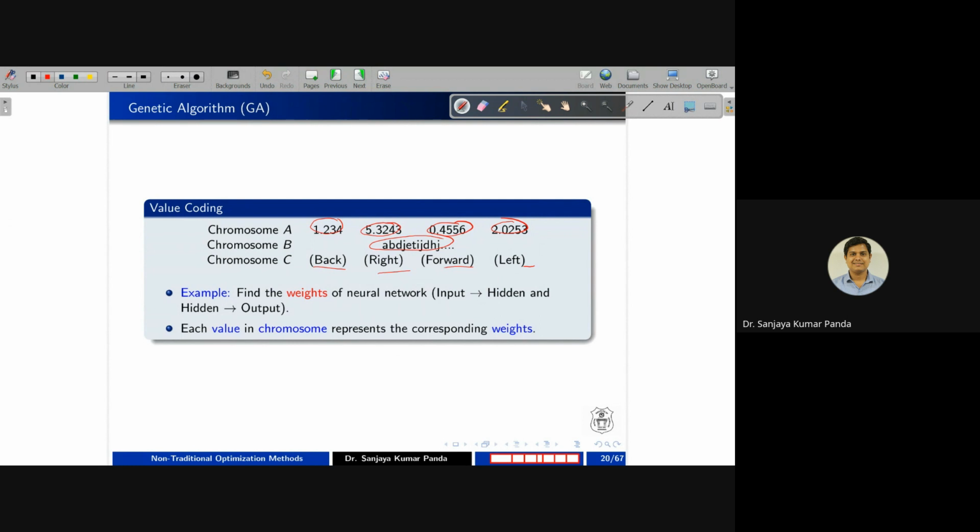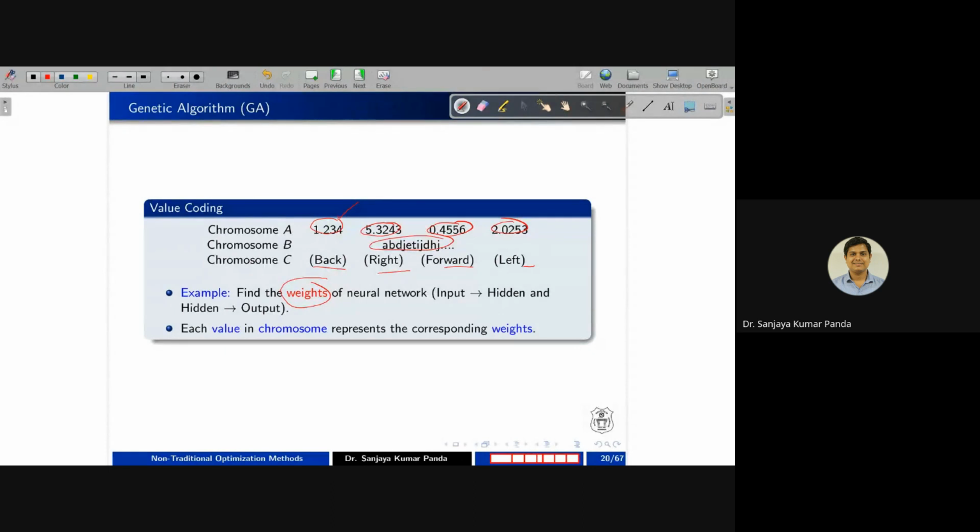Similarly, we know nowadays deep learning is much more popular. Machine learning is also popular. People are applying neural networks and other things. In a neural network, we have weights between the input and the hidden layer, and the hidden layer and the output layer. So the weights can be updated. Initially, maybe the weight is 1.234. Later you can update that particular weight.